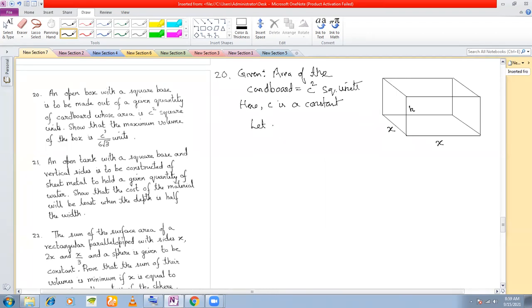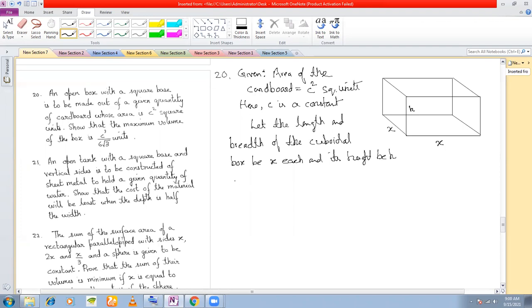Let the length and breadth of the cuboidal box be x each, and its height be capital H. So here x and h both are variables.